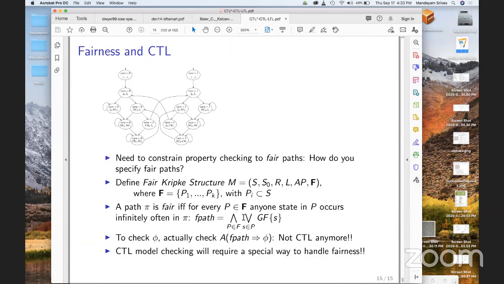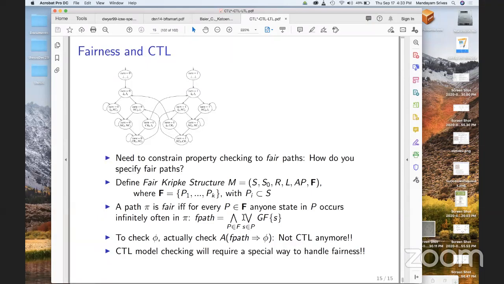Yes, but I'm asking why exactly we need that. If we have some algorithm to check any LTL formula, or some formula in some logic in which we can express the fairness condition. But then you can't do CTL model checking. CTL model checking exploits the fact that the formulas are restricted to that form.